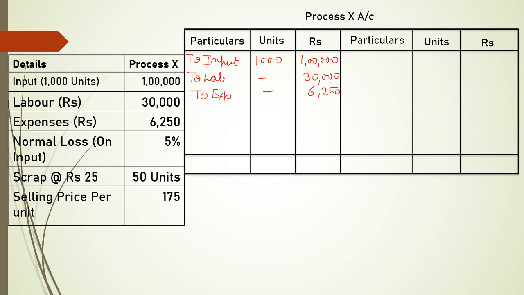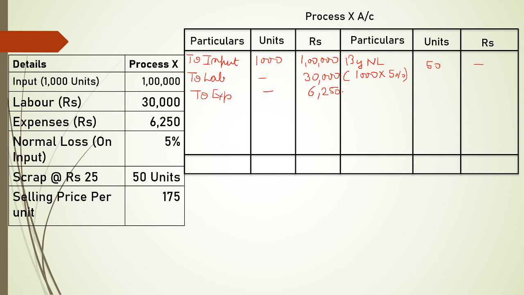Now first we have to write the normal loss on the credit side. All the losses are credited in the process account by normal loss, and normal loss is 5% on input. Here our input is 1000 units and normal loss is 5% of 1000, which is 50 units.